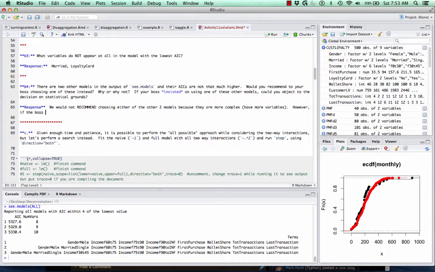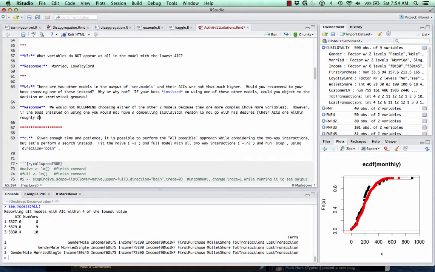However, if the boss insisted on using one, you would not have a compelling statistical reason to not go with his wants, desires. Their AICs are within roughly 2 of the absolute lowest.